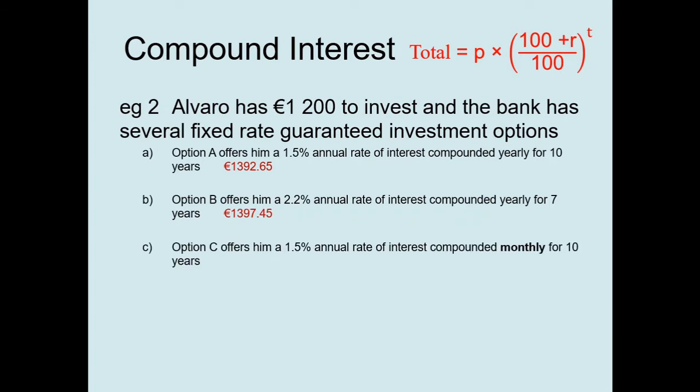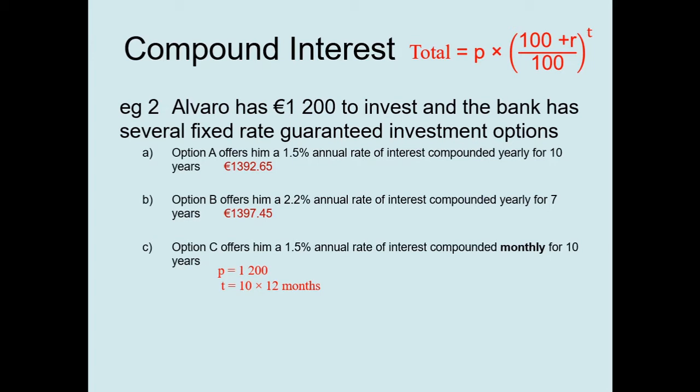Option C offers again an annual rate of 1.5%, compounded monthly this time though, for 10 years. So let's be very clear when we set up our variables. We know the principal amount is still 1,200 euros. The time is 10 years, but we're compounding monthly, so 10 times 12 to figure out how many months that is.